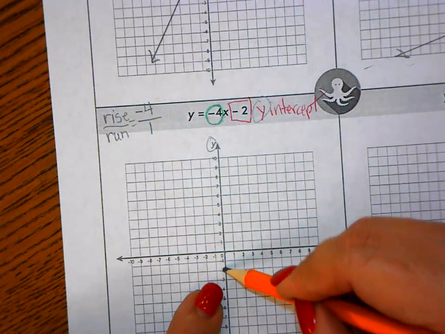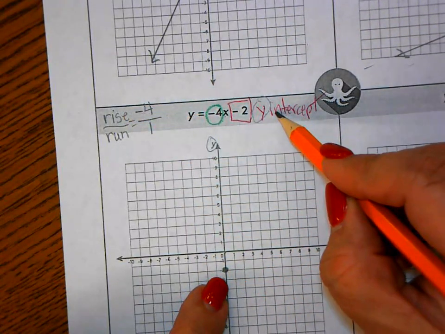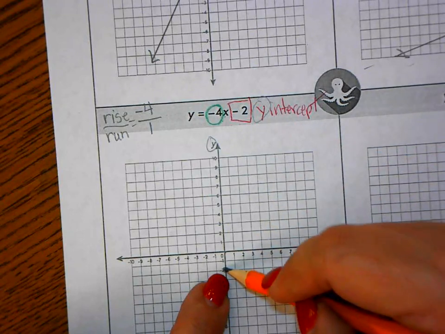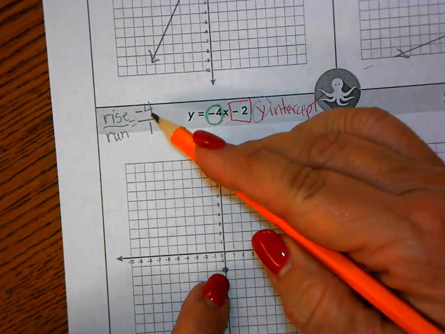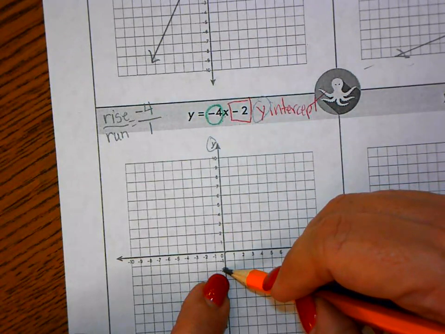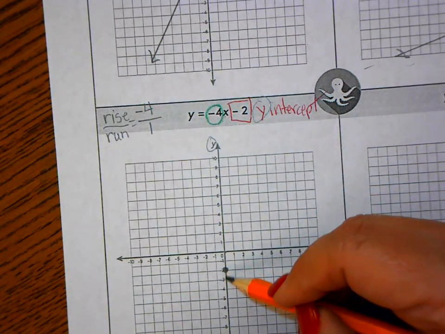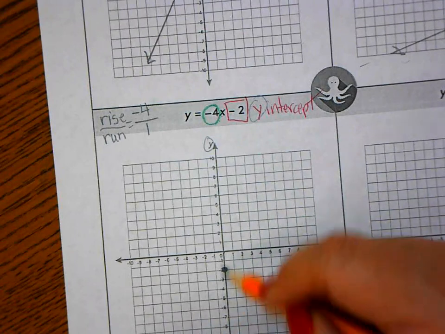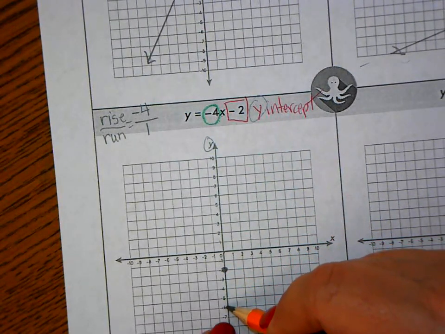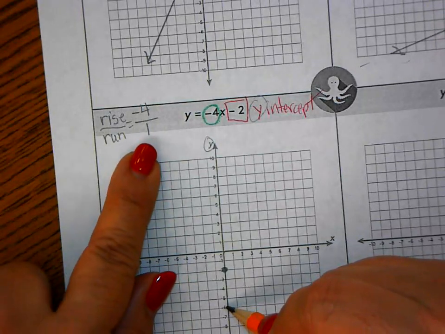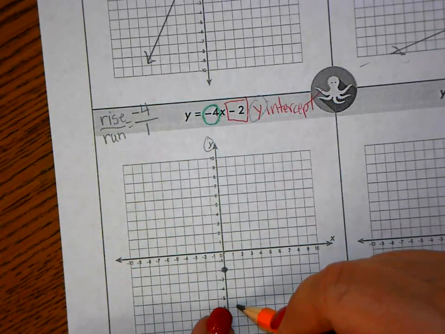So my rise, starting with my y-intercept at negative 2, is negative 4. Actually, I'm not moving up, I'm moving down because it's negative. So it's 1, 2, 3, 4. And then I have a positive 1 run, and I'm moving over 1 spot.